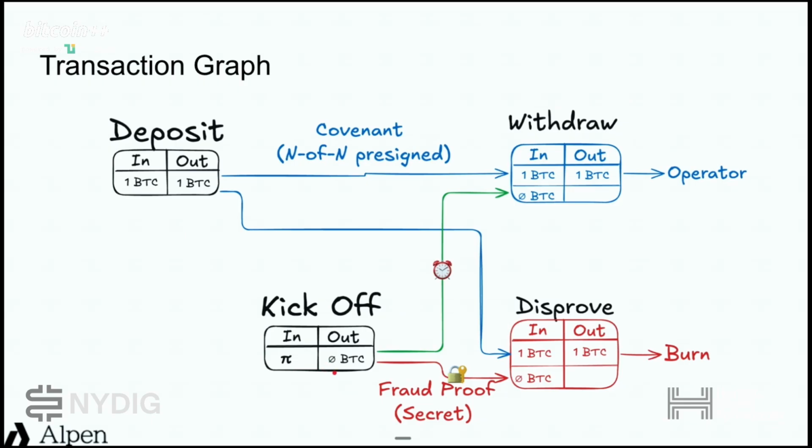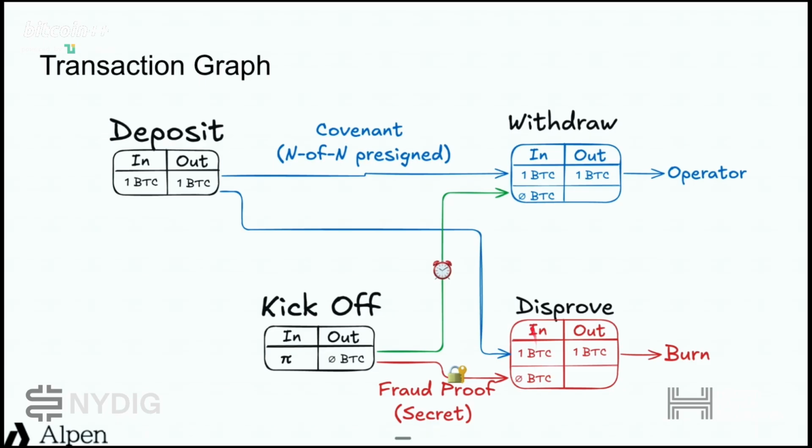Now, we have two paths here. One is very happy, optimistic, time-locked for 1 week or 1 day. I can spend this 1 BTC, but this connector here is time-locked, so if nobody challenges me, I get my 1 BTC out.